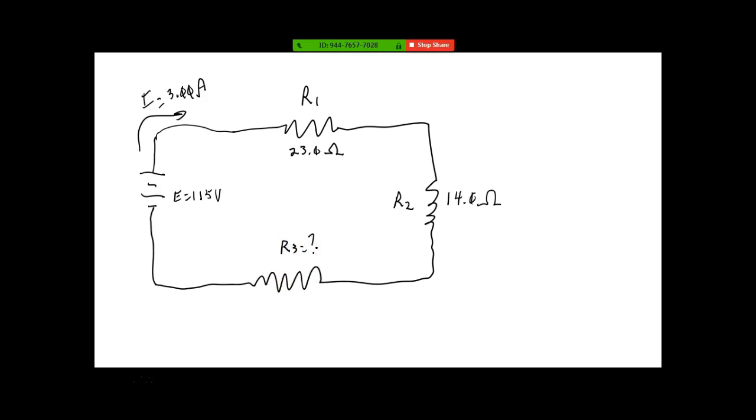What resistance must you have in that third resistor in order to create a current of 3 amps with 115 volts, what they call power supply? It's really an energy supply, but they call it a power supply. Okay. How would you go about doing this?